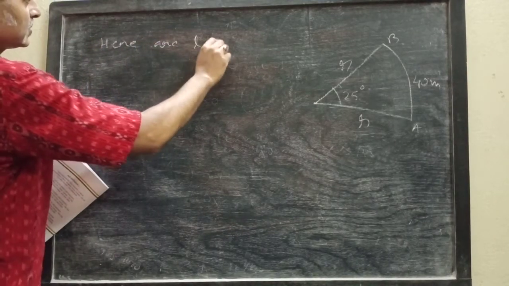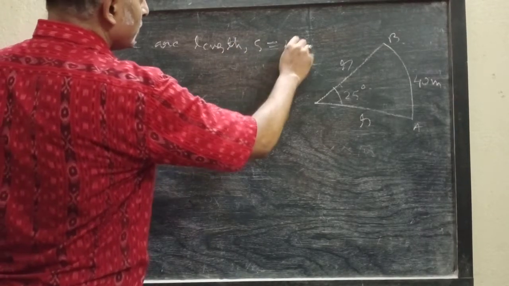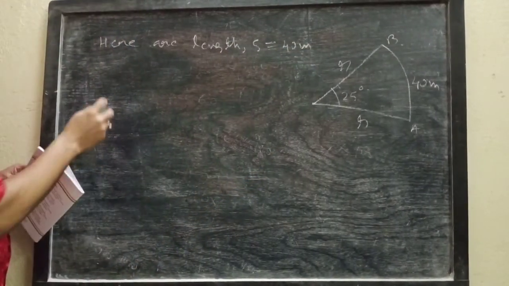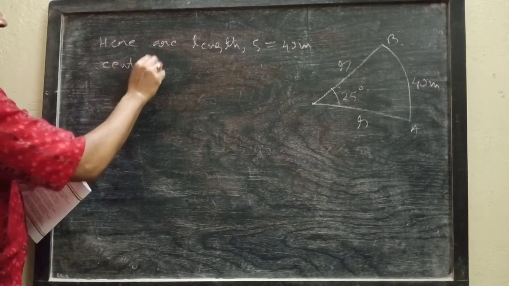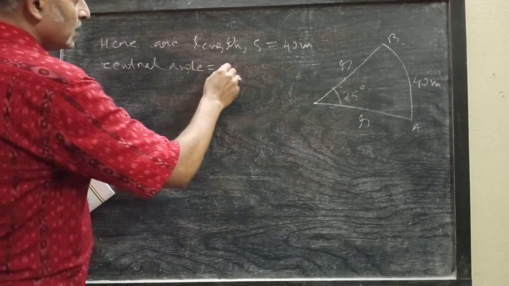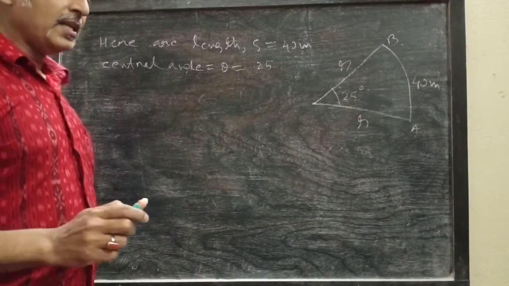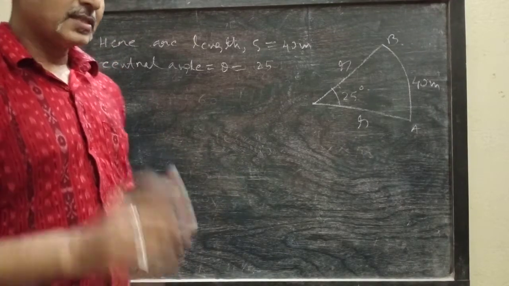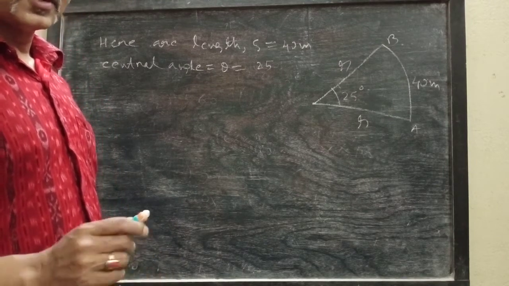So here the arc length is equal to 40 meters. The central angle is theta. Look, when you are using arc length equals r theta, you must remember that the angle must be taken in circular measure.